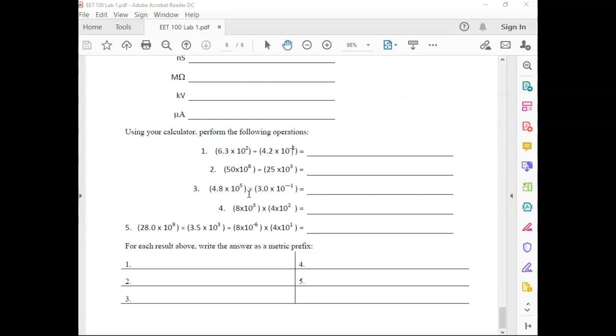You add your exponents, you multiply your whole numbers. So 4.8 and 10 times 3, and then 10 to the 5th plus 10 to the negative 1, which would be the same as subtracting 1.